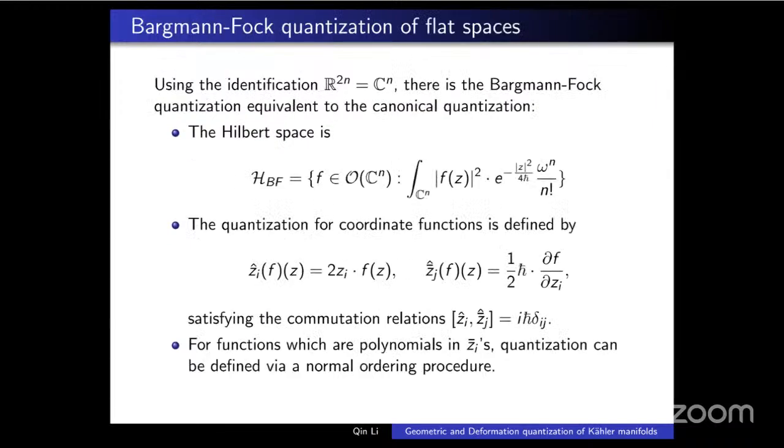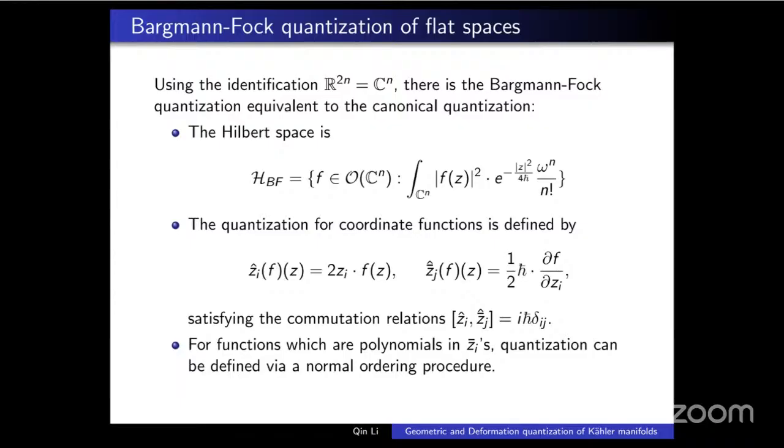Okay, and on this R2n, there is actually a mathematically equivalent quantization procedure called the Bargmann-Fock quantization. Here we use a different identification of R2n. We identify it with the complex space Cn. And then there is the Bargmann-Fock quantization, which is equivalent to the canonical quantization.